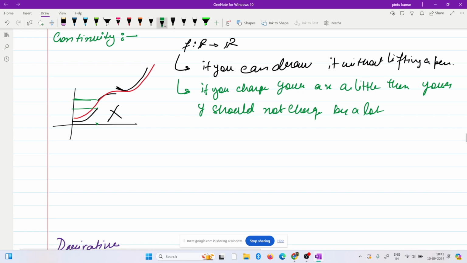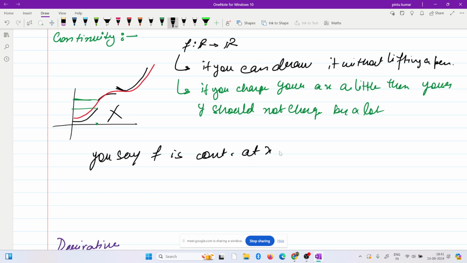Okay. Now, theoretically defining, you say f is continuous at x if the first condition is that the limit exists at x.